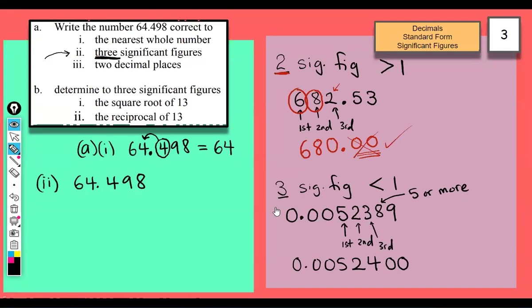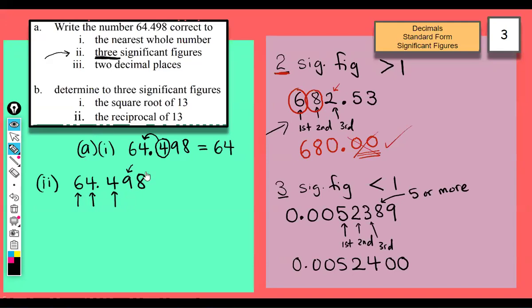Yeah, that's 64, greater than 1. So we're looking at this as our template or example to help us out over here. 3 significant figures. We start to count from the very first number. 1, 2, and 3.